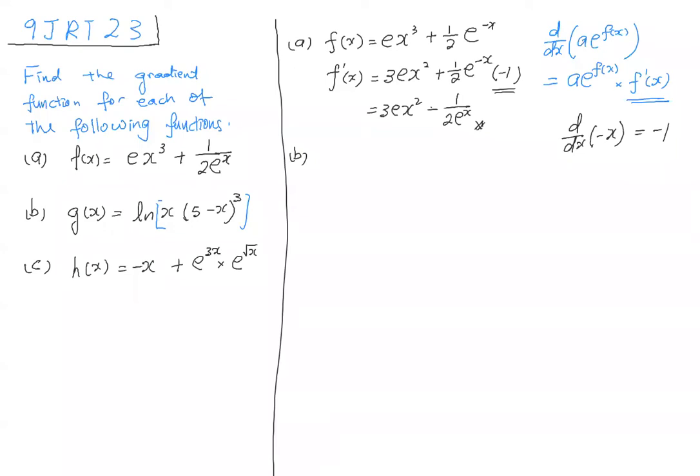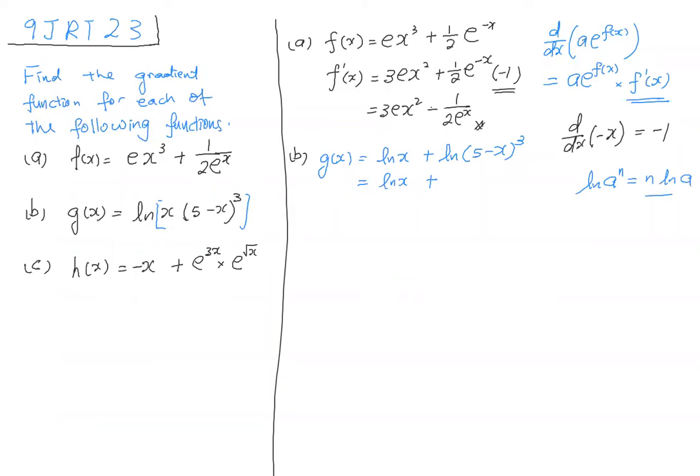ln x plus ln brackets 5 minus x to the power of 3. Okay. After that, should I do something further? No. You sure no? Can I write this as like that? You think so?